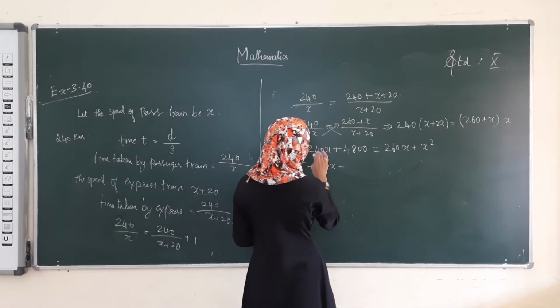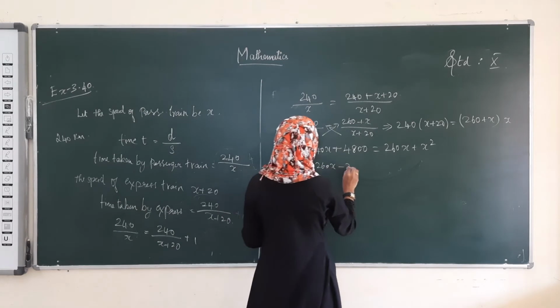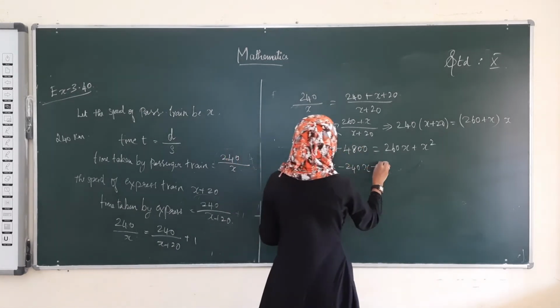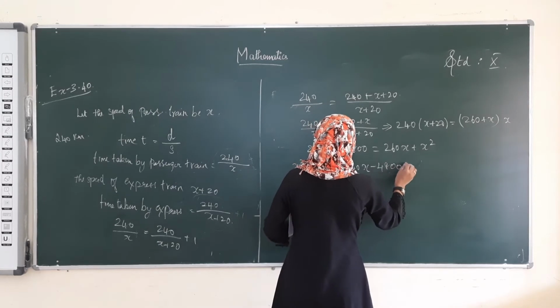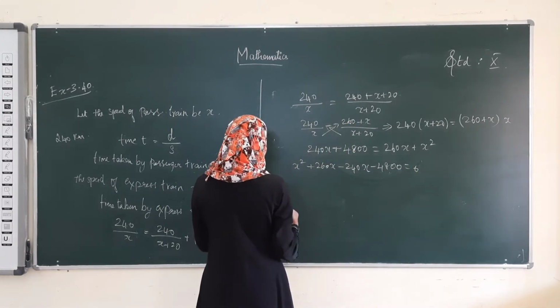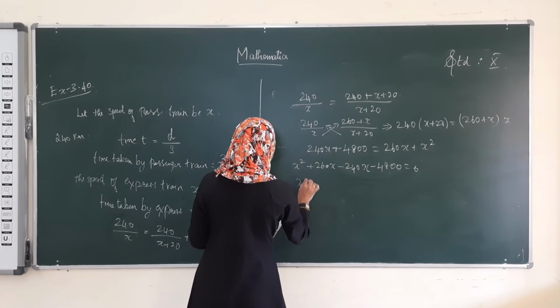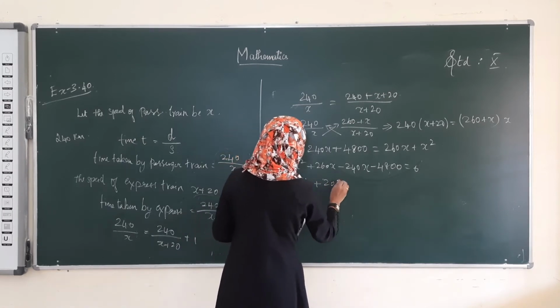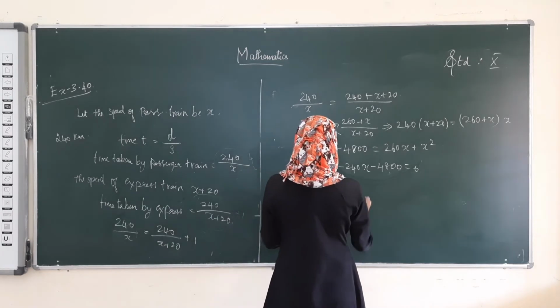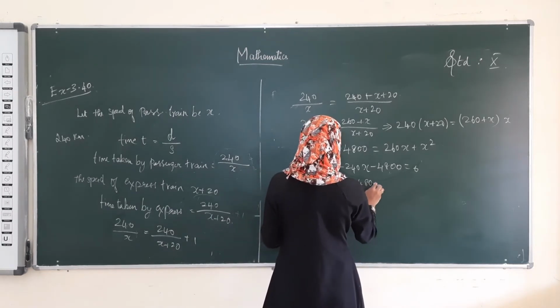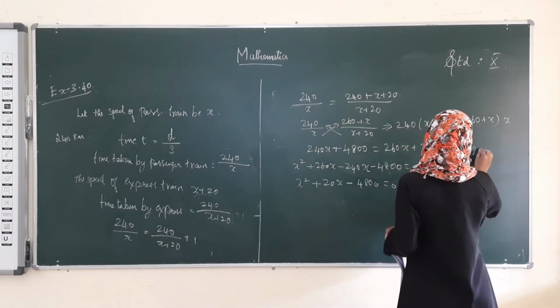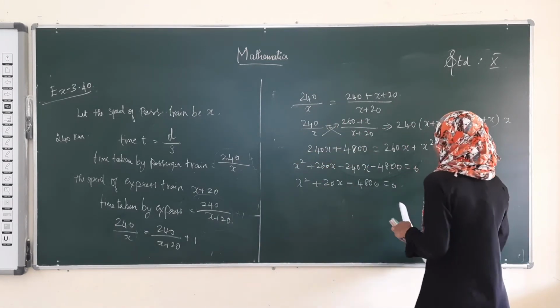On taking this 240 into x becomes minus 240 into x, and 4800 becomes minus 4800, which is equal to 0. Then x squared, see this is plus 260 minus 240 is 20 into x, minus 4800 equal to 0. Okay, we have to split this 4800.